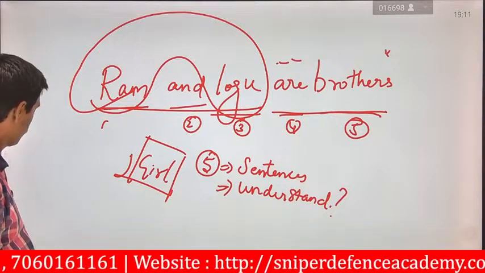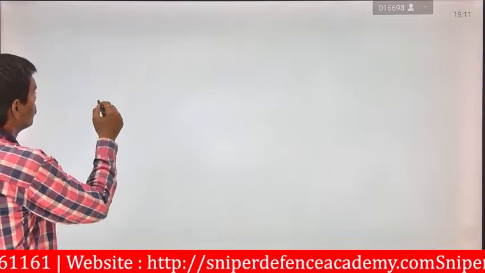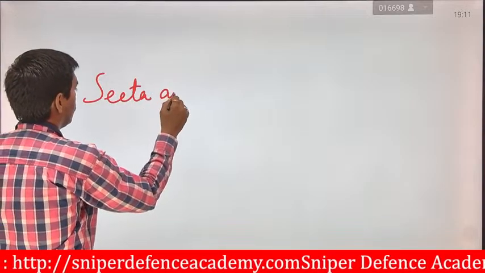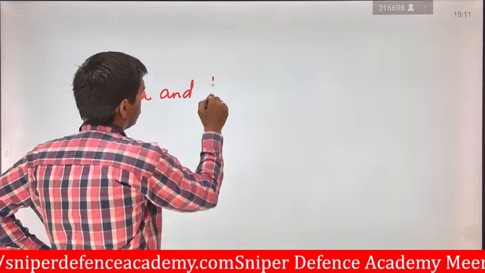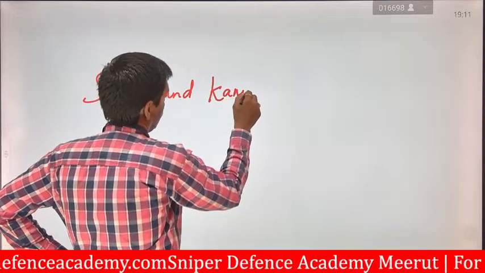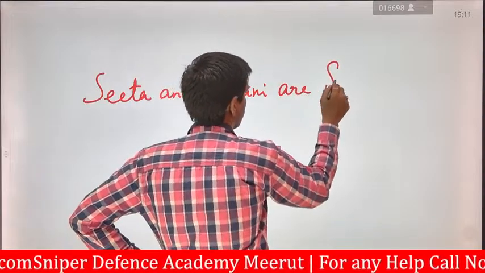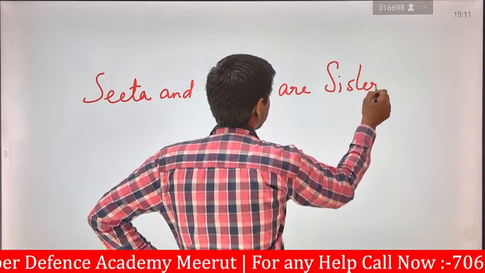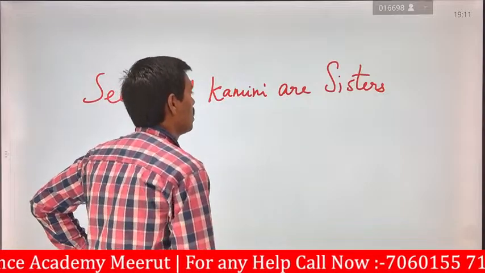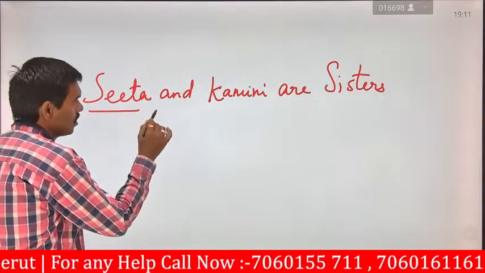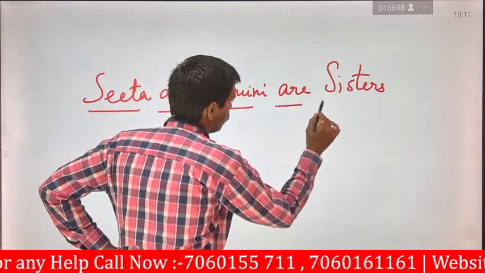Next, if you see, Sita and Kamini are sisters. As usual, first we are going to see the words: 1, 2, 3, 4 and 5.